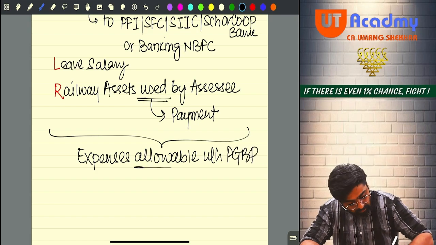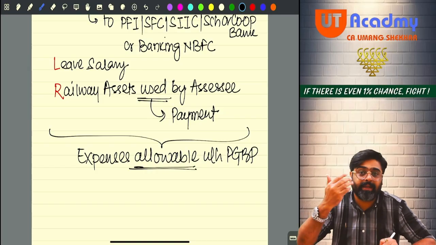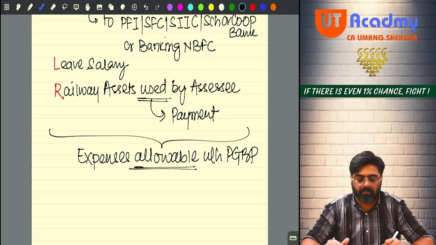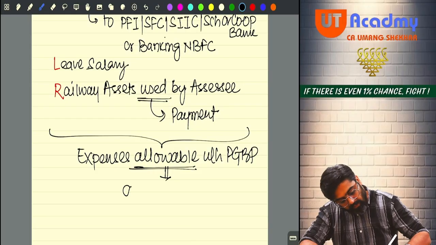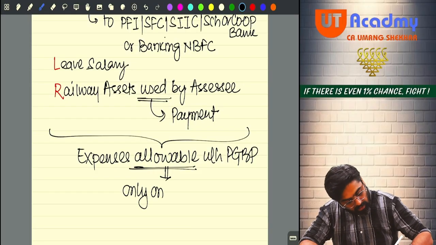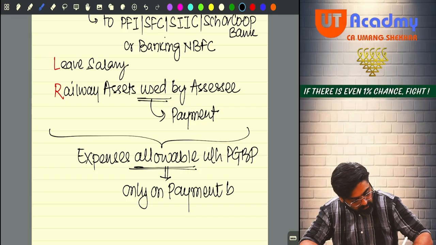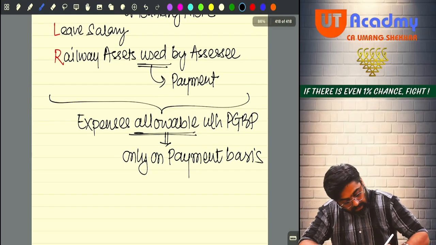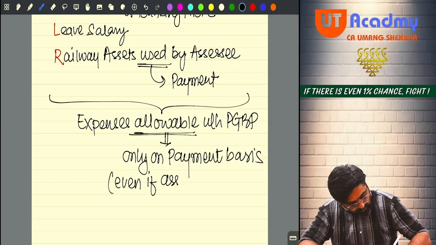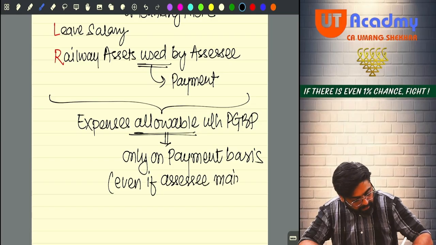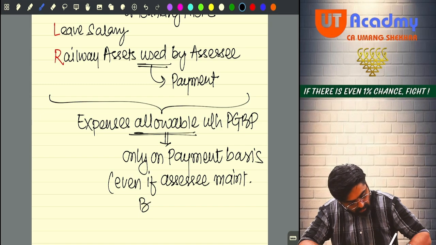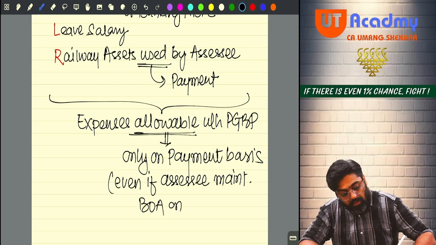You can take the deduction, but they are allowable only on what basis? Payment basis, even if the assessee maintains books of accounts on mercantile basis.